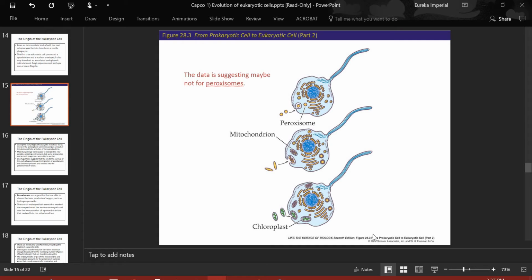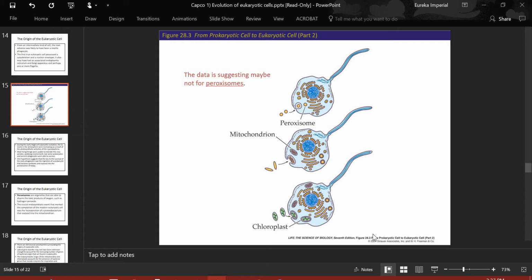We won't really come back very much to endosymbiosis. But endosymbiosis is where one cell eats another cell, and it helps the cell. It increases its fitness. This is the endosymbiotic theory. So endo for endocytosis, eating. And symbiosis because you came into a symbiotic existence.